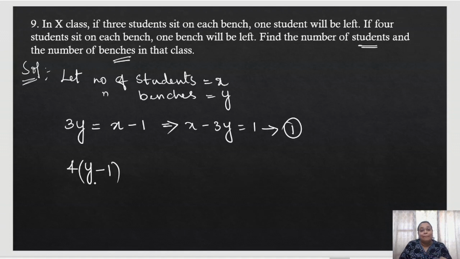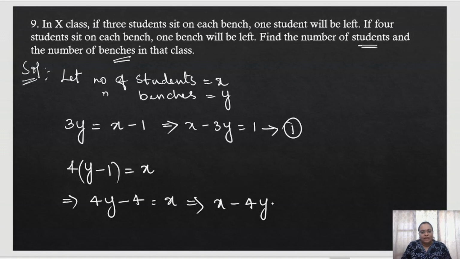This time the whole bench is left. That is y minus 1. So this is equal to x. Now from here if you want to simplify, you will get 4y minus 4 is equal to x. So you will get x minus 4y is equal to minus 4. Okay. So this is our equation number 2.